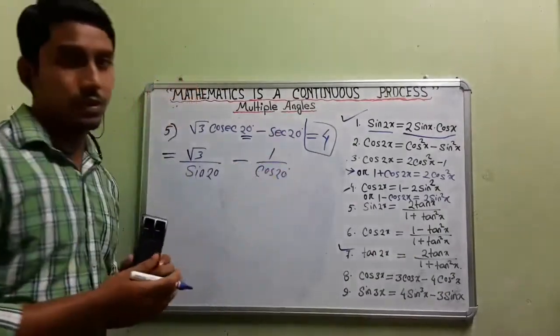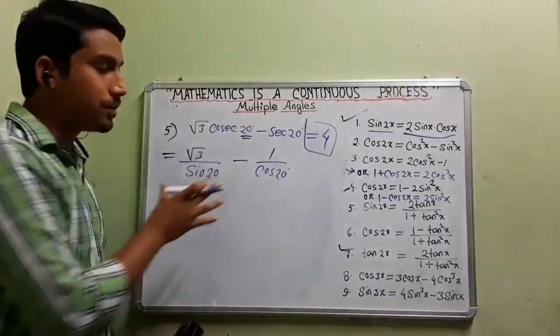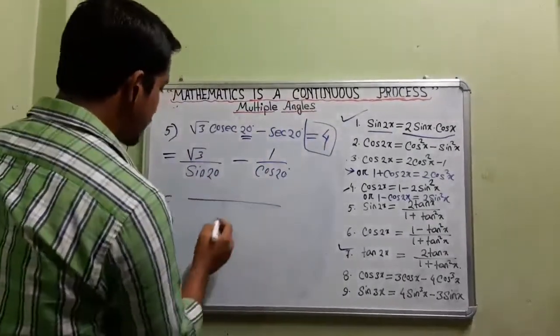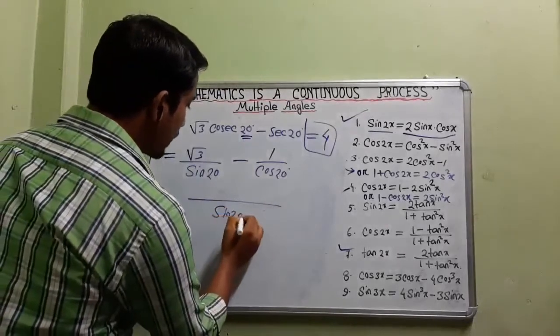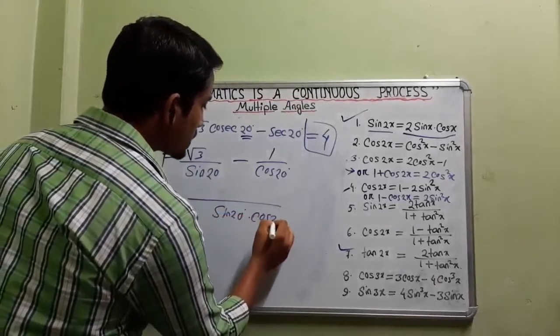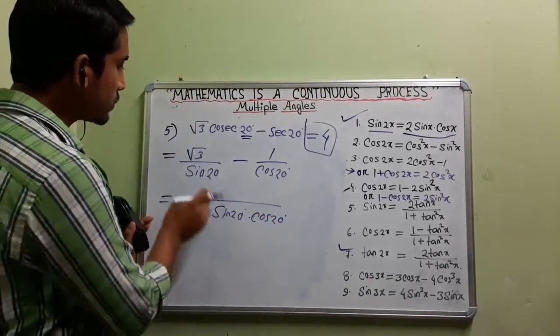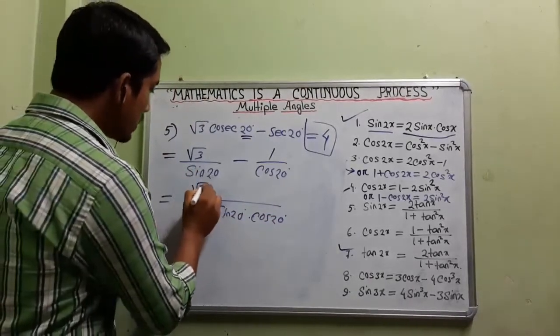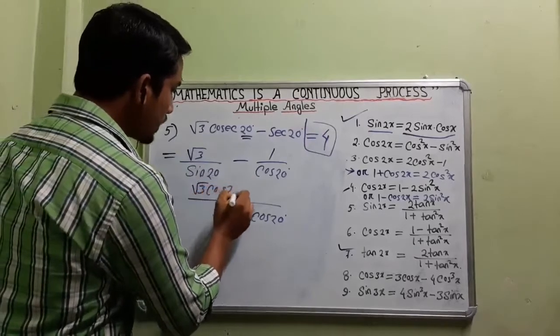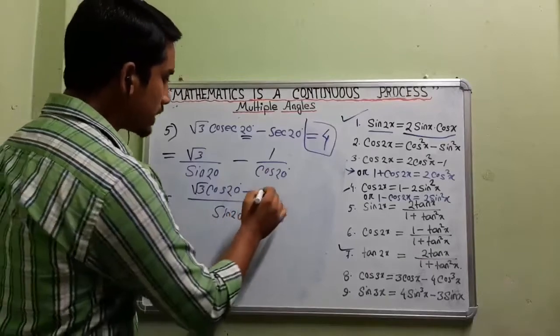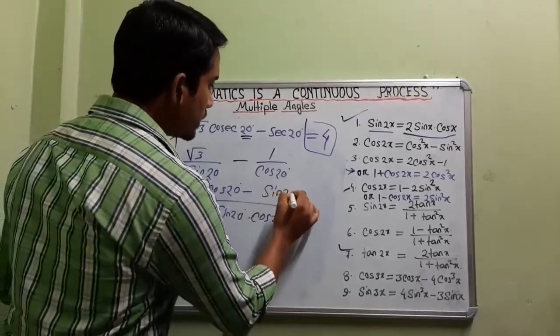After taking the left hand side, I have just used the reciprocal relation. Then you take the LCM. So we will have sine 20 into cos 20 in the denominator, obviously. Then a simple calculation: sine 20 cancels, so it will be root 3 into cos 20 degree minus, here also cos 20 cancels, we are getting only sine 20 degree.